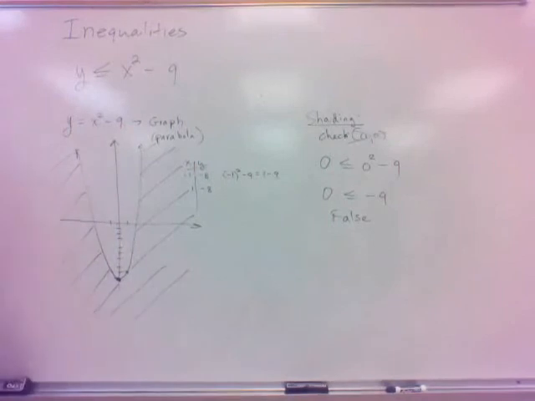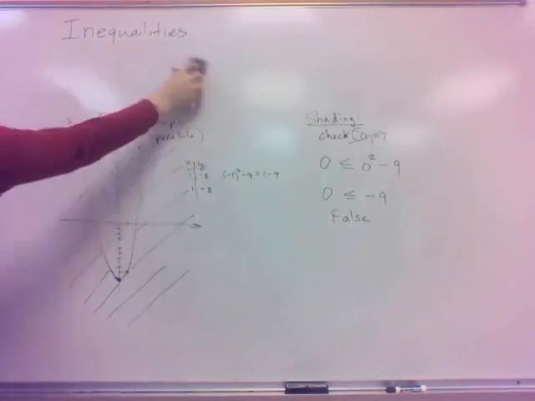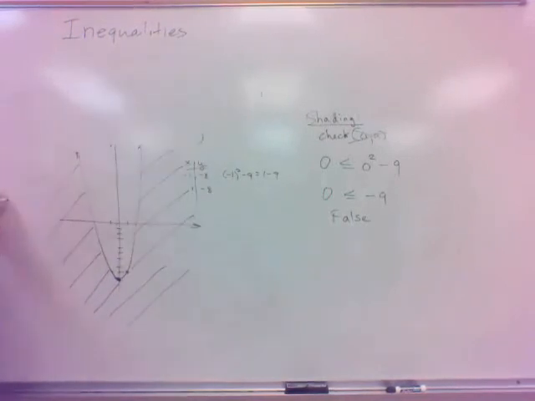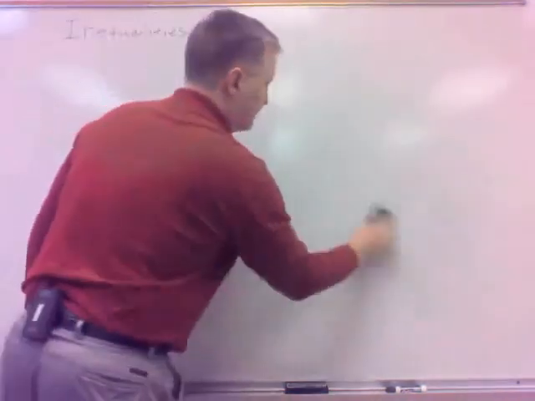All right, well, a couple others. Here we haven't done a whole lot of vertical and horizontal lines, but we do have them quite a bit on these inequalities, so let me mention those.